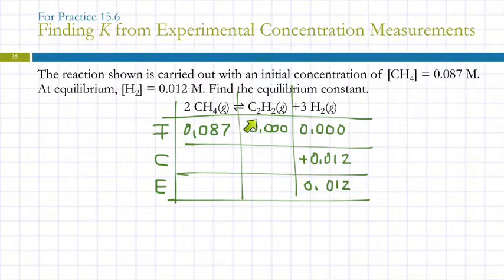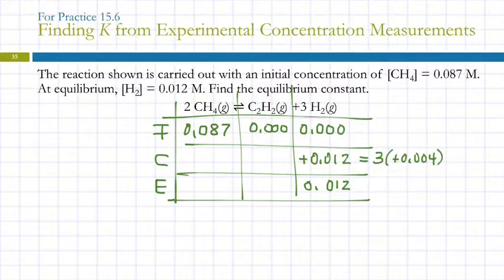What would the change for C2H2 be? 0.004. So this goes up at 3 times the rate that this goes up. So this change is 3 times larger than that one. Does that make sense? You could think of that as this is equal to 3 times plus 0.004.